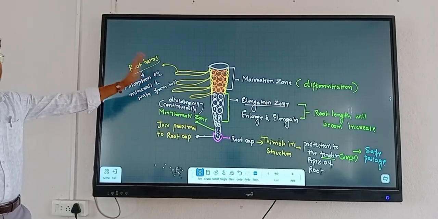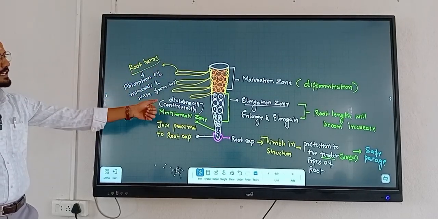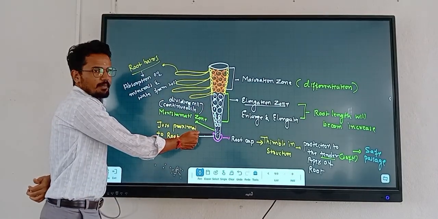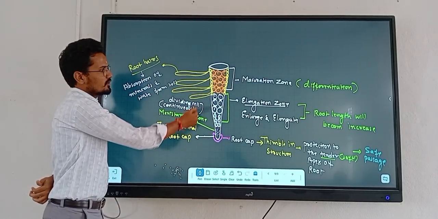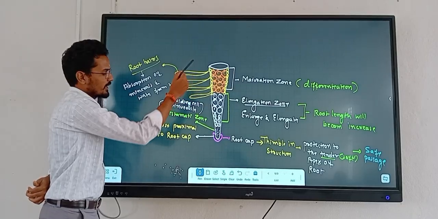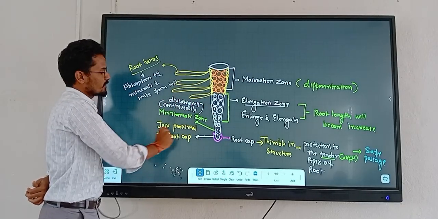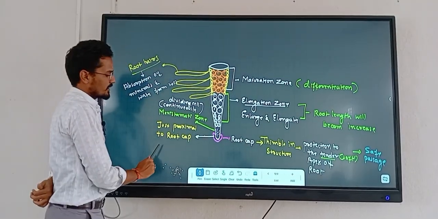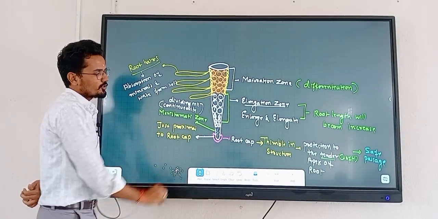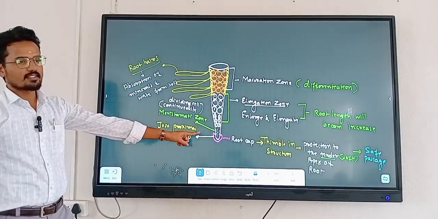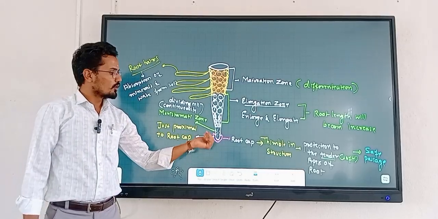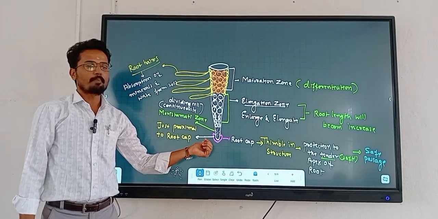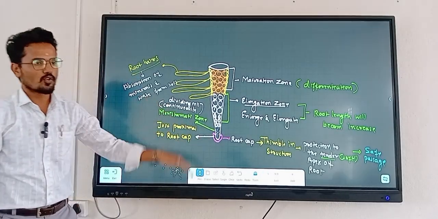So totally we got to know that the root has three main regions: the meristematic zone, elongation zone, and maturation zone. The tender apex of the meristematic zone is covered by a thimble-like structure called the root cap, which protects that tender apex and allows the tender root to make a passage to enter inside the soil.